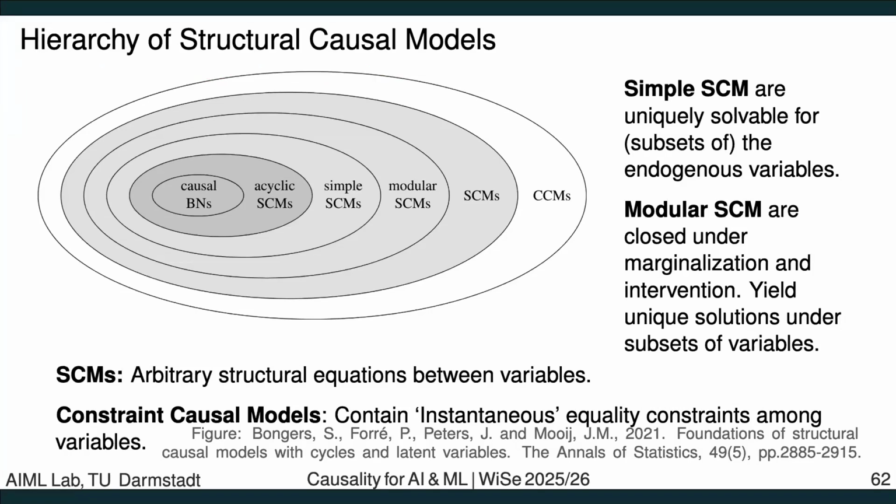Basically they say, no matter the order of interventions or how I marginalize variables within those systems, they still have unique solutions, and these solutions also agree with each other. So if I look at a marginalized model, it still gives me the same result as if I were to look at the full model.